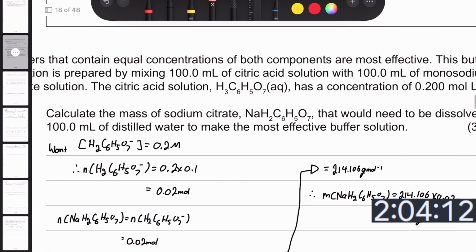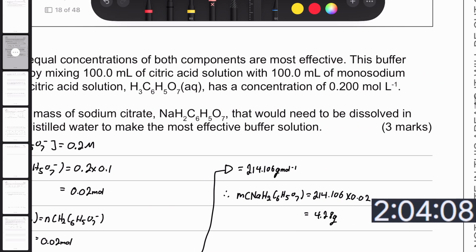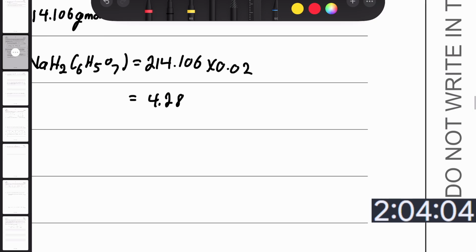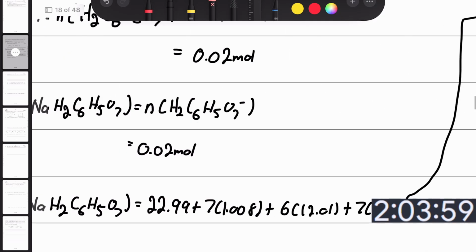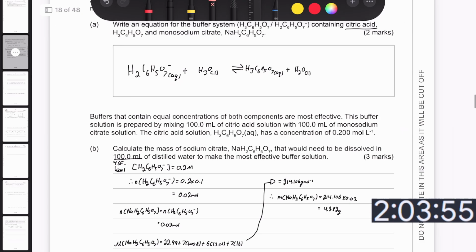How many sig figs am I going to? Oh, actually it's going to need to be 4. So 4.282 grams, because here it's going to be 4 sig figs.